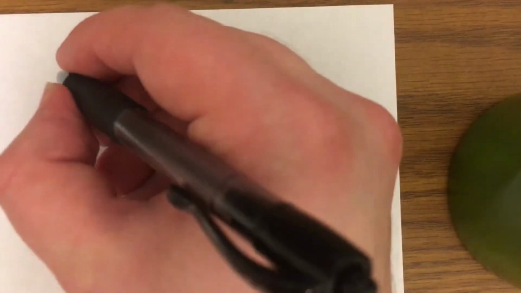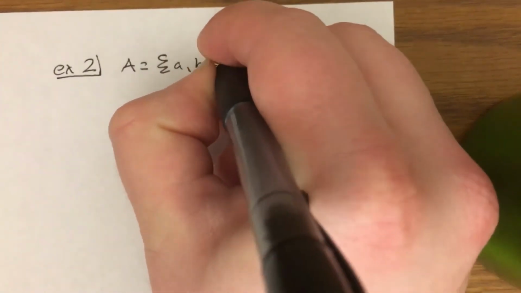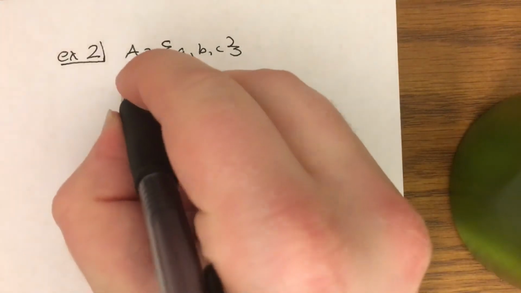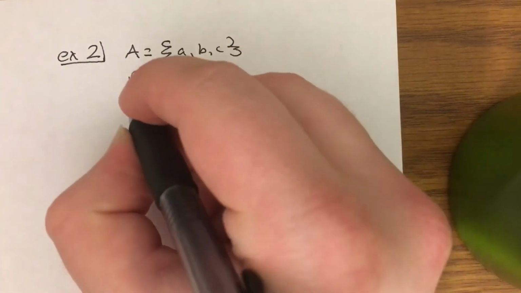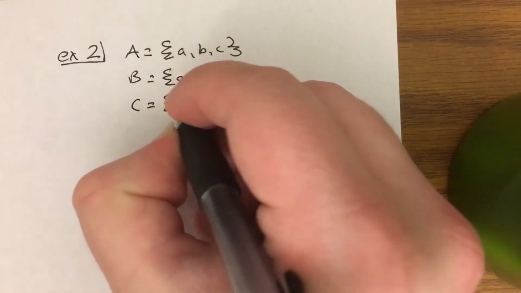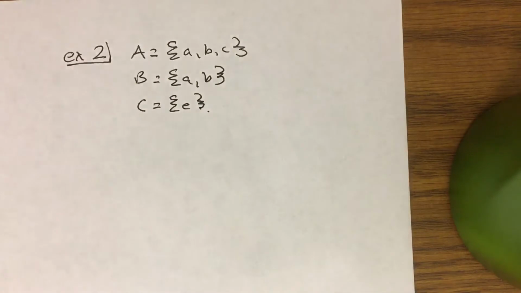Let's go back to our previous example, example 2, where we had A having 3 elements, A, B, C. We had B having just A and B as elements, and C just having E. Great. Okay, let's do some operations on these.